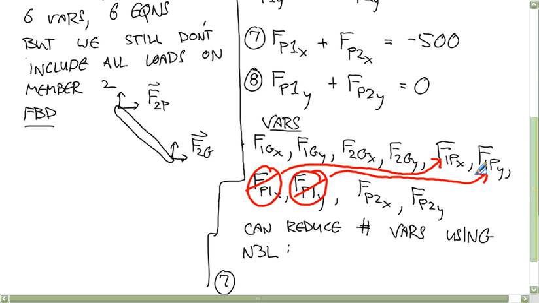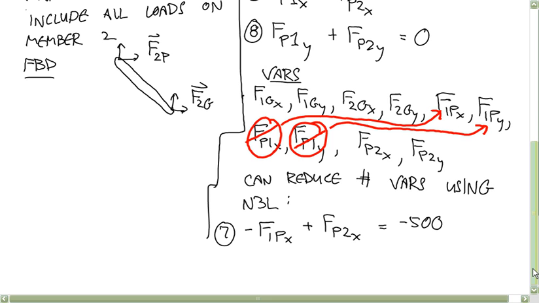This one, not the same, but it gives us the same information. And then these two are new. We can't do anything with those. But so we have our new equation 7, which is negative f1px plus fp2x is equal to negative 500. And our new equation 8 says negative f1py plus fp2y is equal to 0.